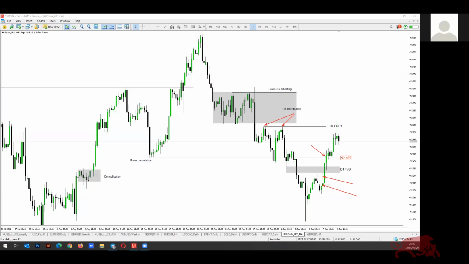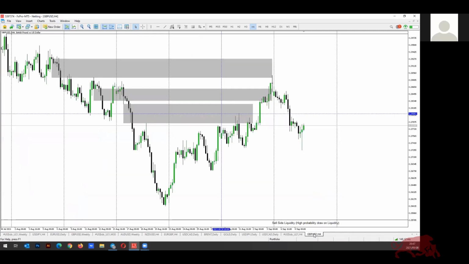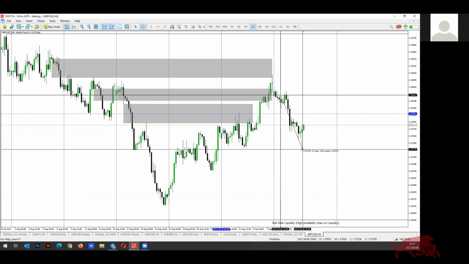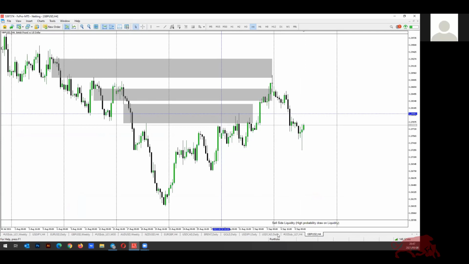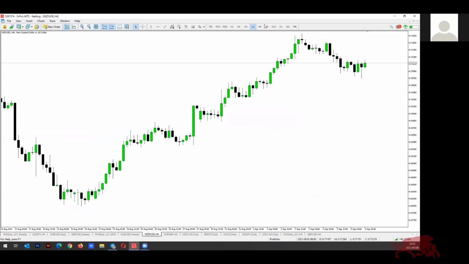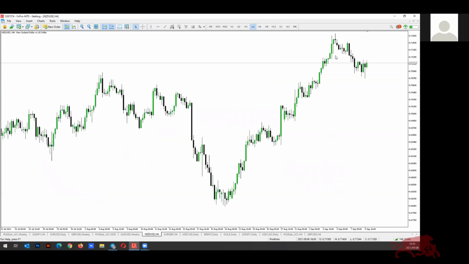So from the 6th of September, we have seen dollar expanding, right? And now when we look at assets like GBP/USD, from the 6th, GBP/USD has dropped close to 120 pips. NZD/USD from the 6th has dropped 68 pips.